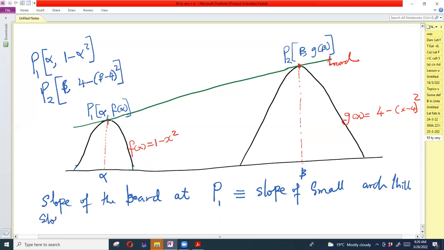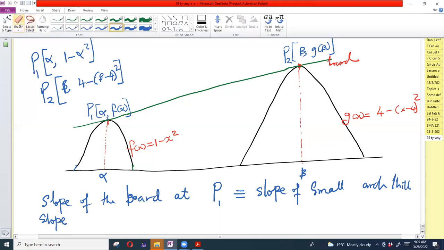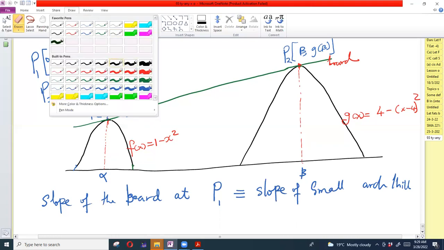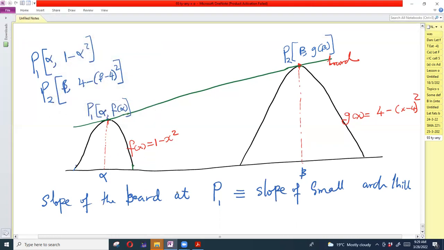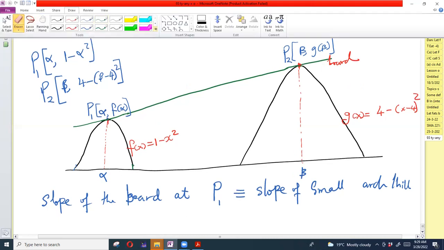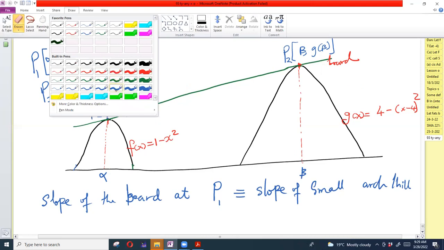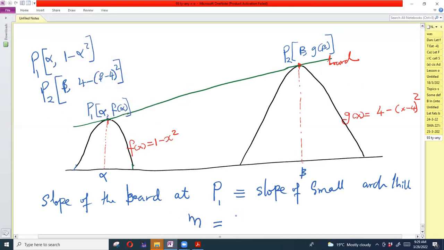Let's say m is the slope of the board, which simply means the derivative of this one at P1. So m will be the same as f prime at alpha.